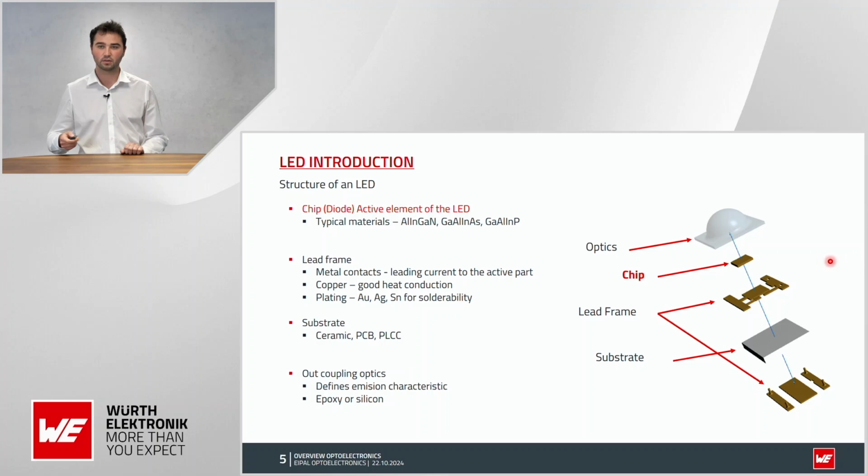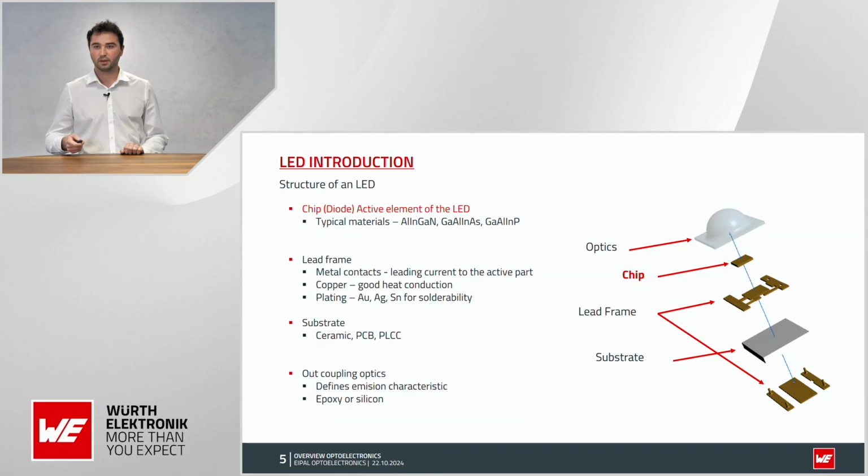If a current is flowing through the chip, which is basically a semiconductor PN junction, then you get light with different wavelengths depending on the type of semiconductor material that you use. At the top I mentioned a few typical materials: aluminium, indium, gallium nitride, and so on, and you use different material compositions for different wavelengths.